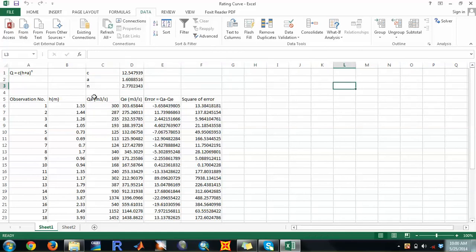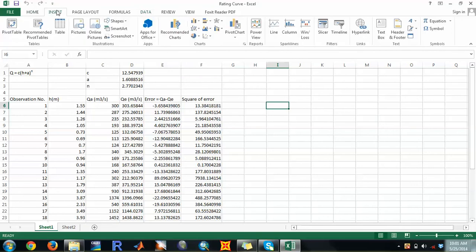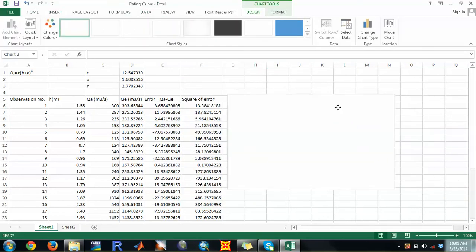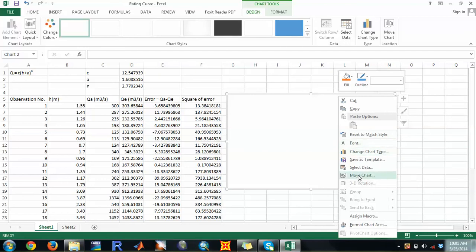If you want to check how good the estimation is, or how good the estimated graph is, you can go to Insert and plot a curve, and say add your data.